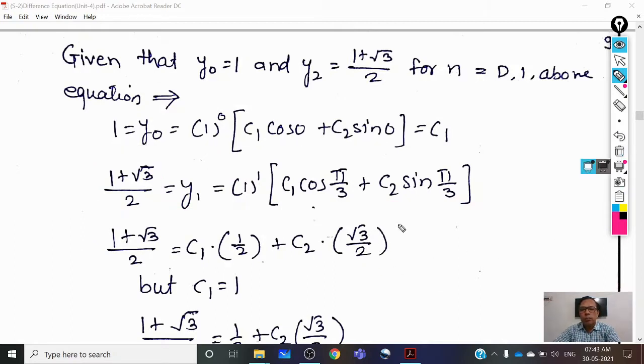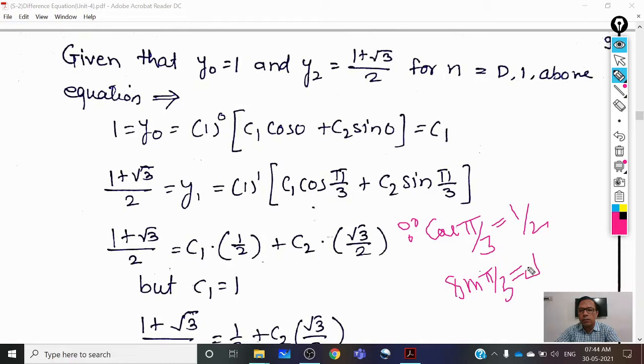Why? We know that cos(π/3) = 1/2 and sin(π/3) = √3/2. So by using these conditions, (1 + √3)/2 = c1 · 1/2 + c2 · √3/2.